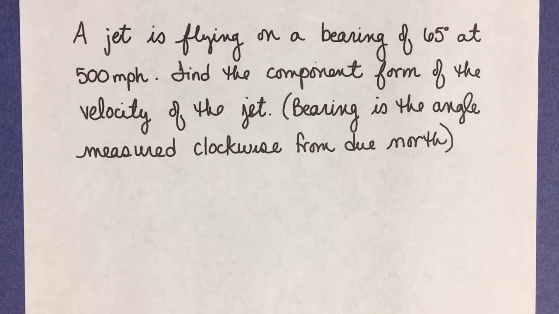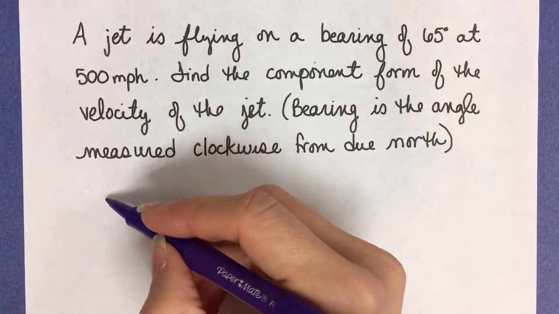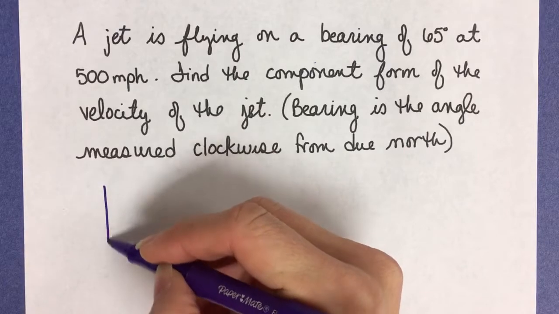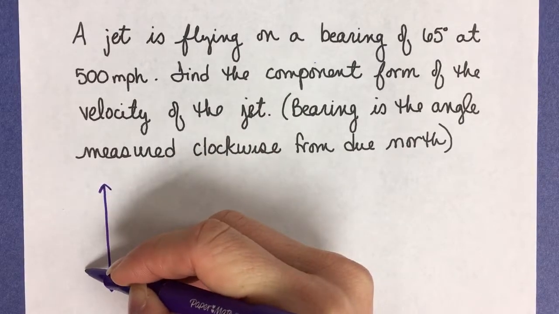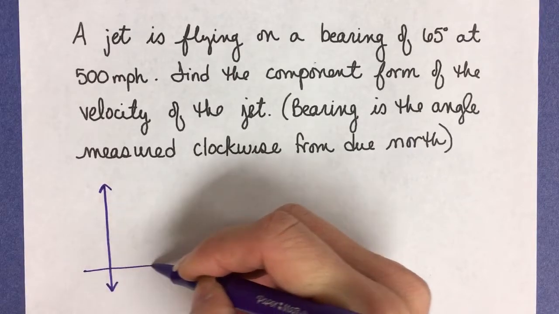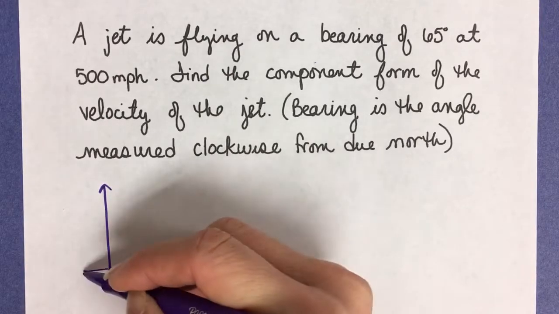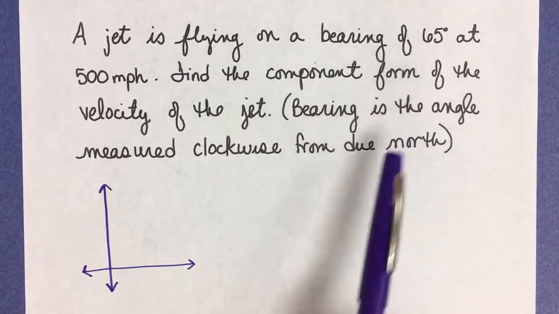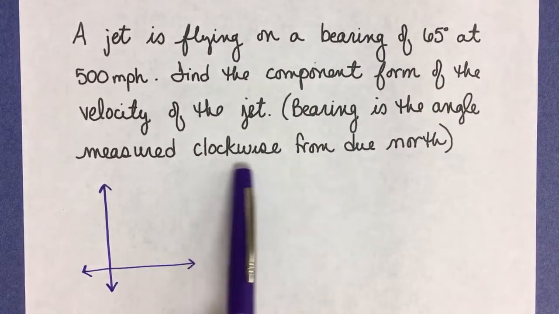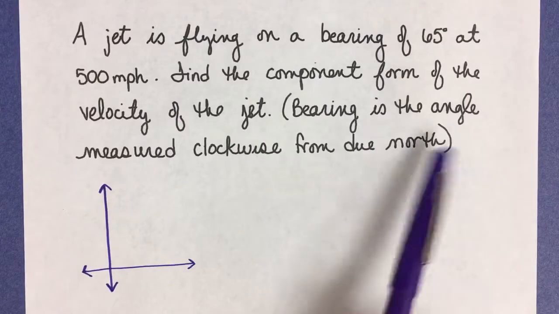So first of all, let's just get a sketch of the situation we are dealing with. You're going to have your north-south line and your east-west line. Now, bearing is 65 degrees, and bearing is measured clockwise from due north.